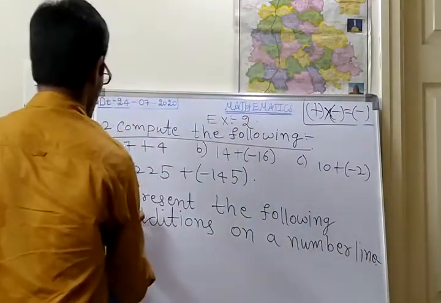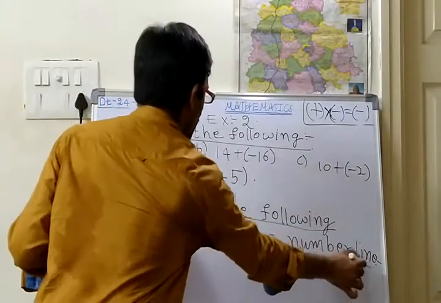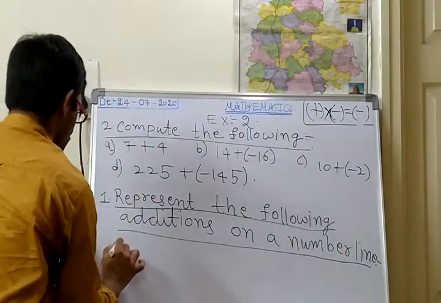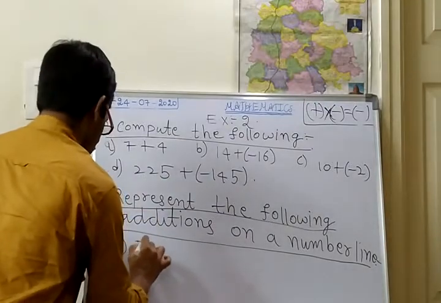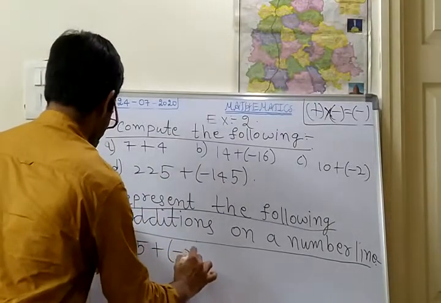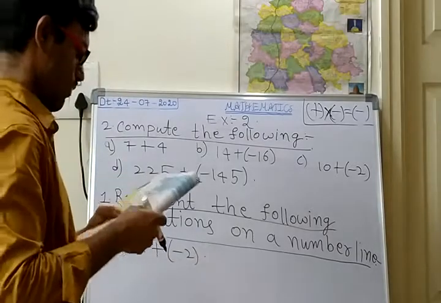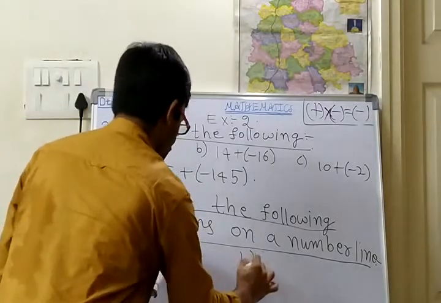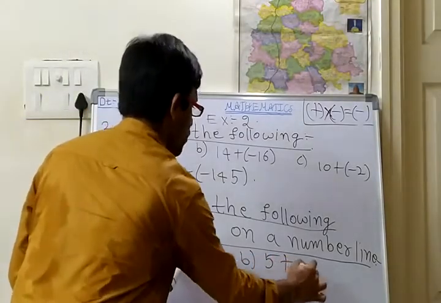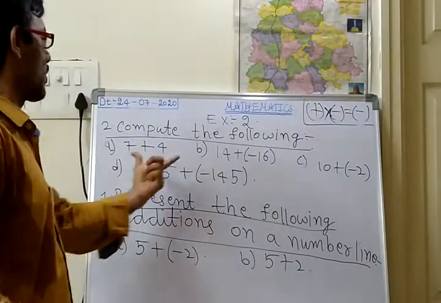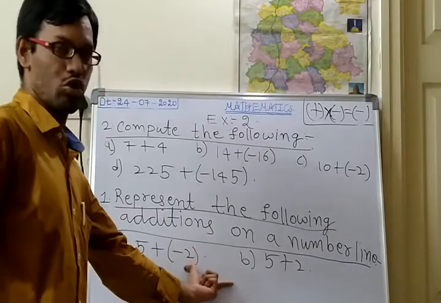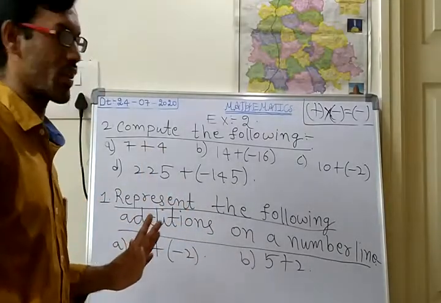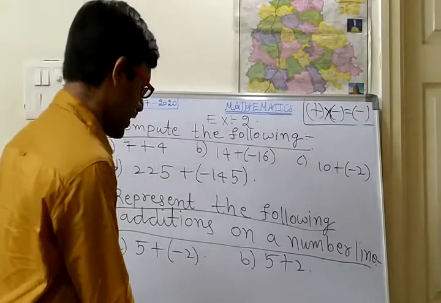On the number line, you should represent the following additions. So what are the questions? First one, I am giving 5 plus of minus 2. Okay. Next, B problem, 5 plus 2 I am giving. So 2 problems. So in the second bit I am giving 4 problems. In the first bit I am giving 2 problems. So totally 6 problems are there, I think. These are very easy problems only.